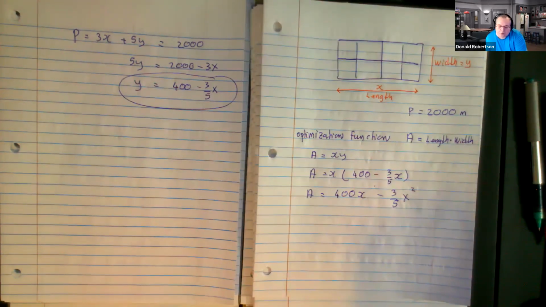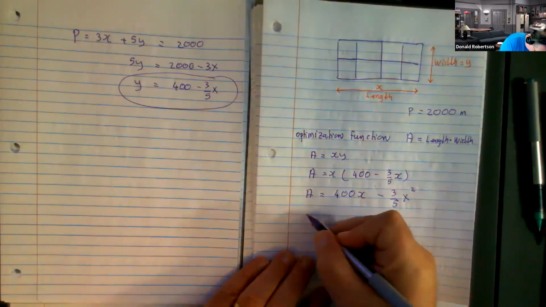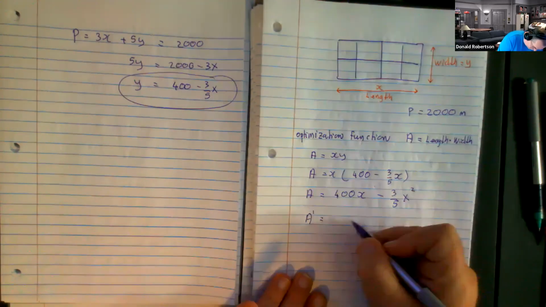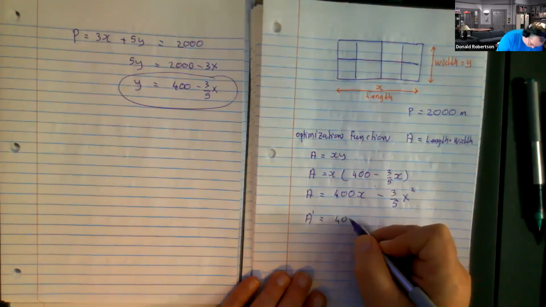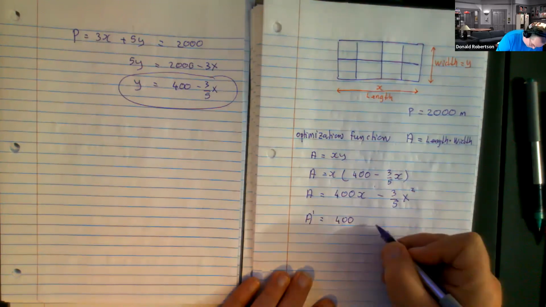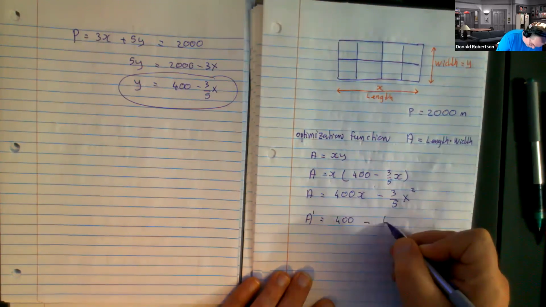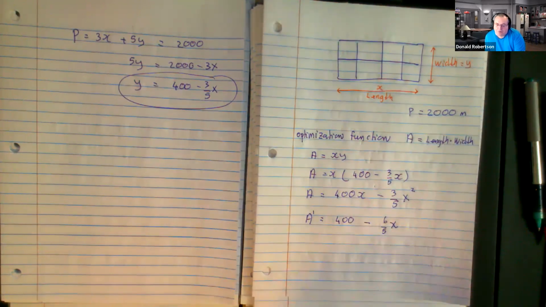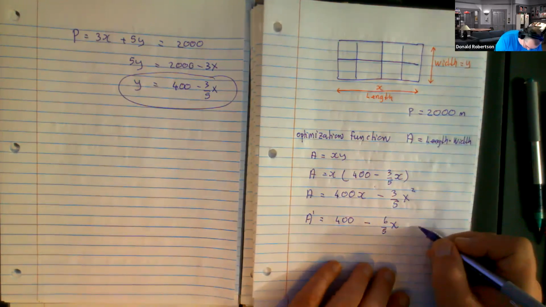Now, once you've got your optimization function in terms of X, the next thing you should do is differentiate it. So you differentiate this guy, you get 400, multiply by the power and reduce the power by 1, you get that. And we are interested in essentially when is the derivative 0, right? The critical numbers.